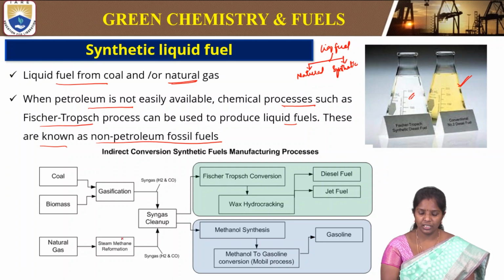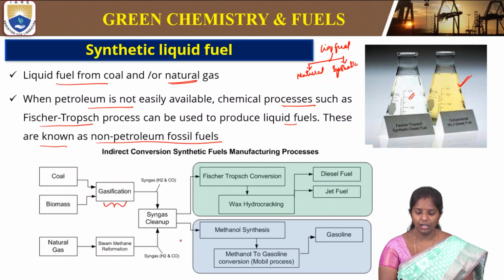So in this, what happens generally, the coal or the biomass under gasification with hydrogen and carbon monoxide will produce syngas, which undergoes Fischer-Tropsch conversion and will produce diesel fuel and jet fuel.